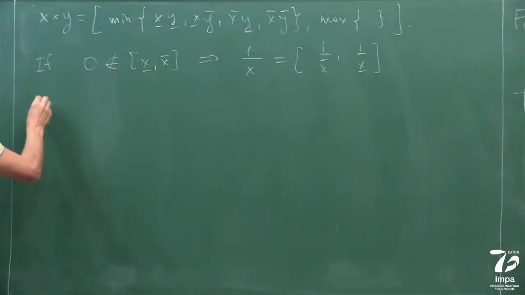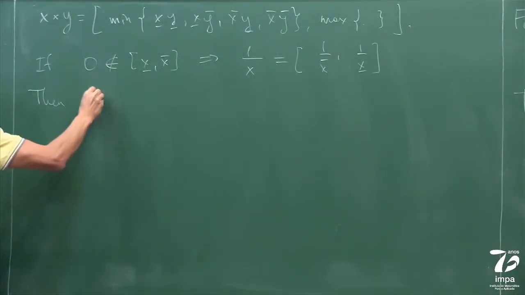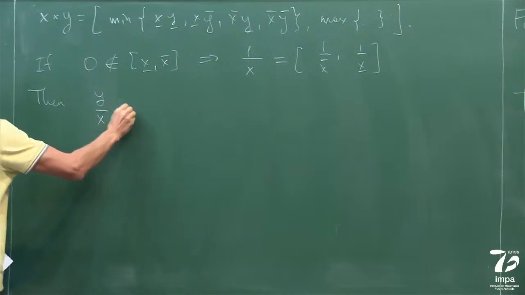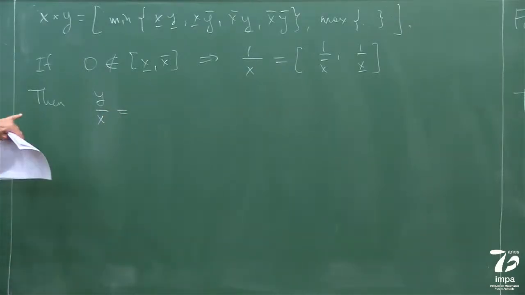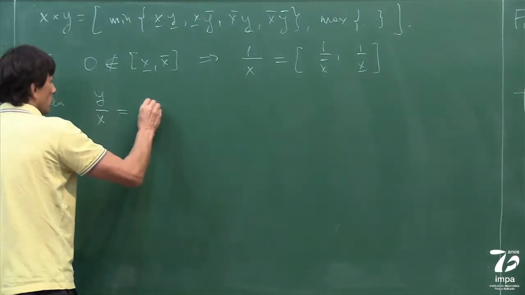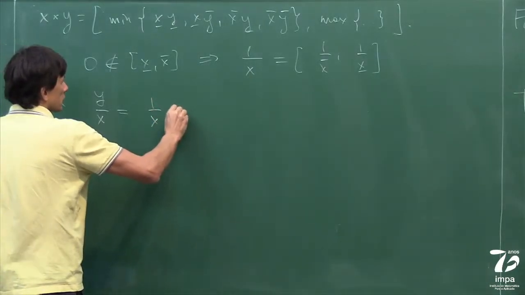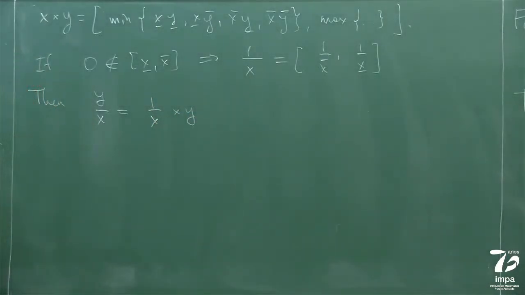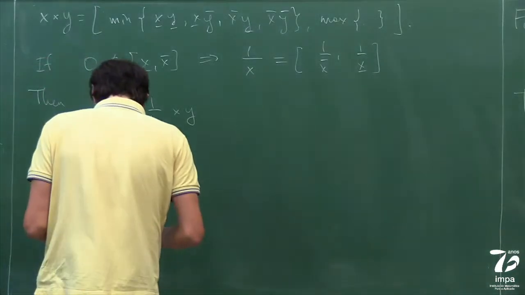And then you can divide y by x. You can just reduce it to the previous operations. It will be 1 over x times y, which we already defined. So those are the elementary operations, and we can try to see an example.